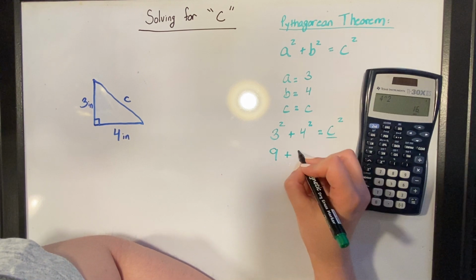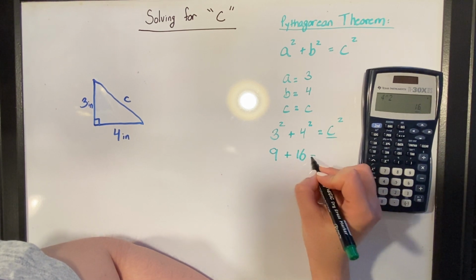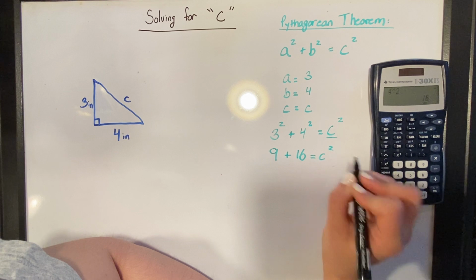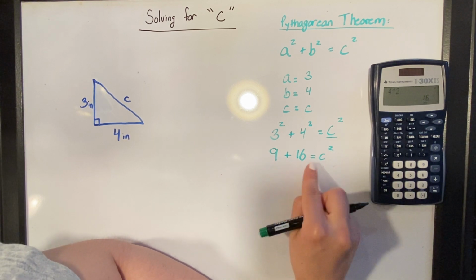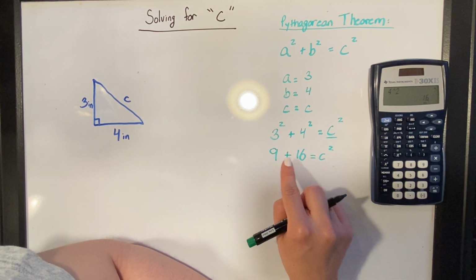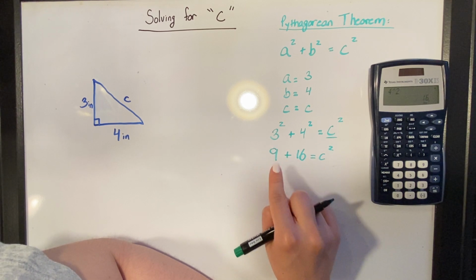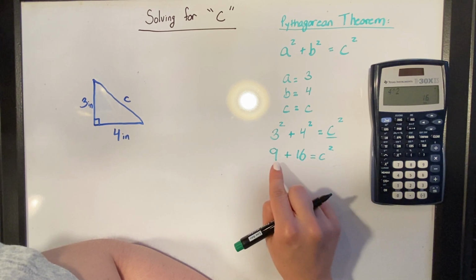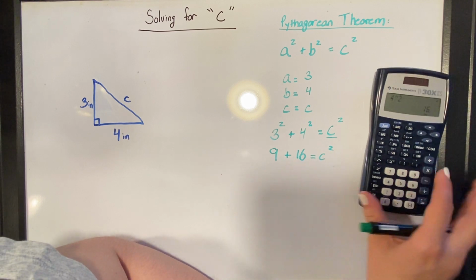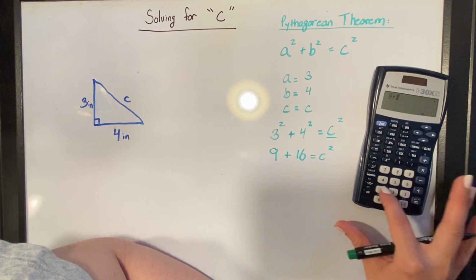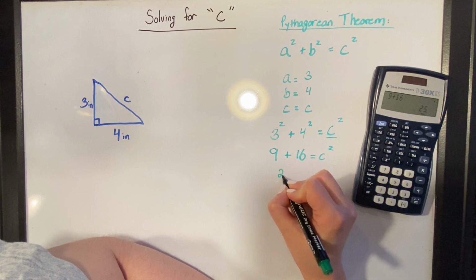That's 16, so 9 plus 16 equals c squared, because we don't know what c squared is yet. Now, for this equation, we're going to combine our like terms. Right now we have a constant and a constant, so those are the terms you combine. So 9 plus 16, you're going to get 25.